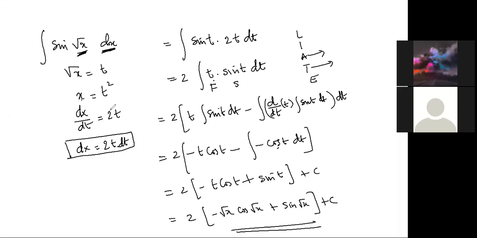If the derivative is not present, make x as a subject. So this idea should be applied only when the derivative is not present. If the derivative is present, you don't have to apply this idea. Okay. Understood this? Yes or no? Yes, sir. Try one more problem.